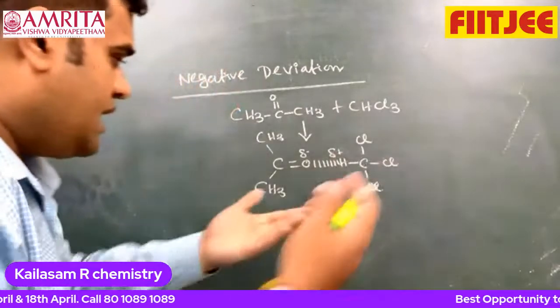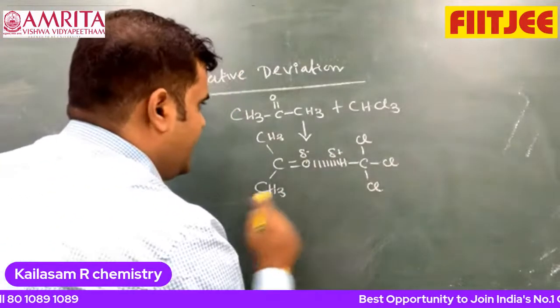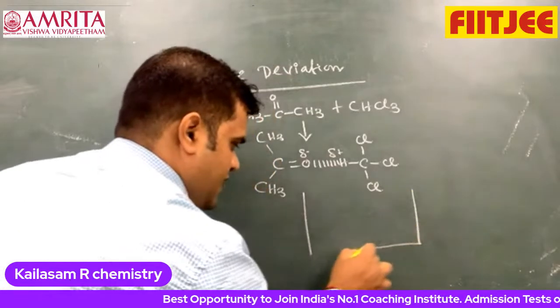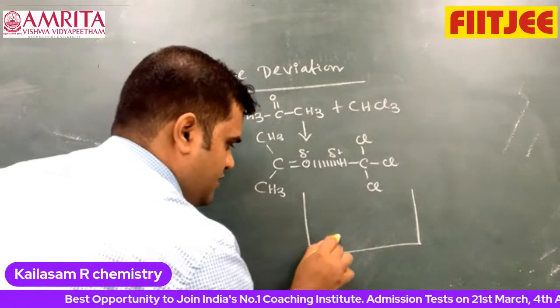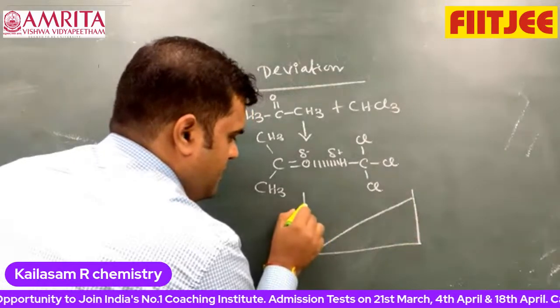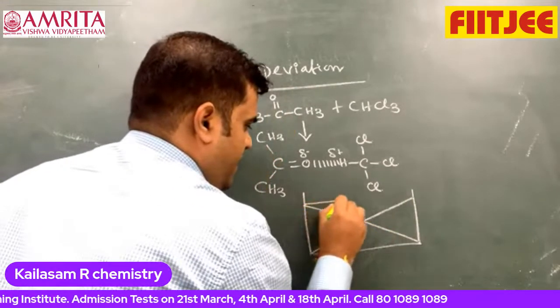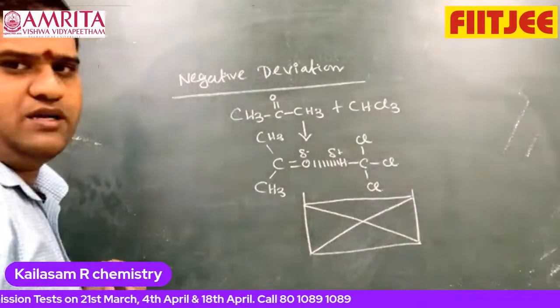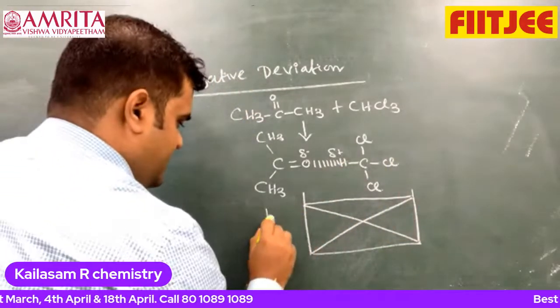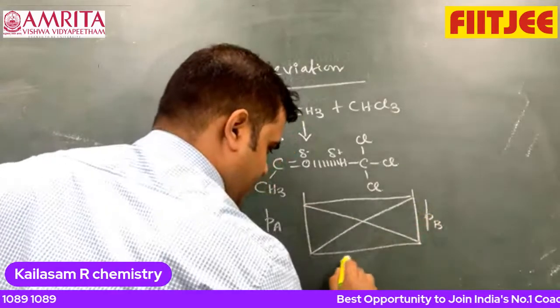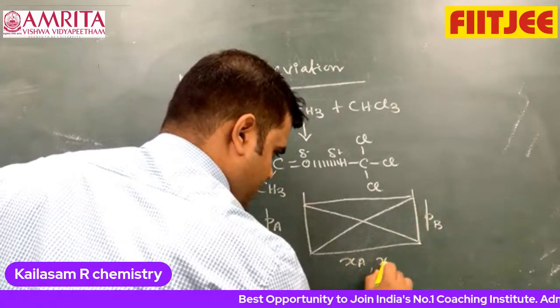So what is the graph we are going to get? Look at the graph. I can draw it. This is the expected one, this is PA, this is PB, with XA and XB.